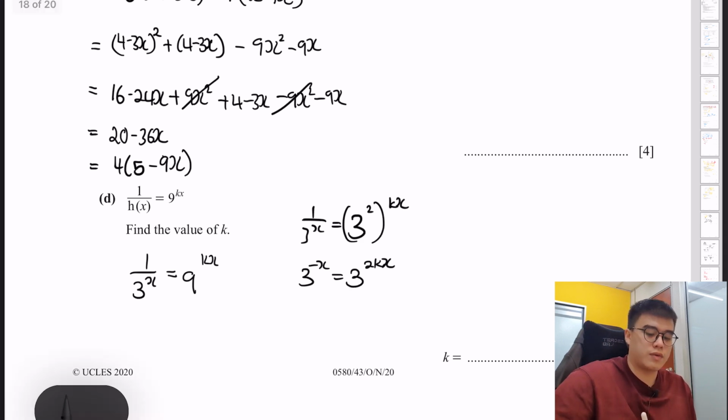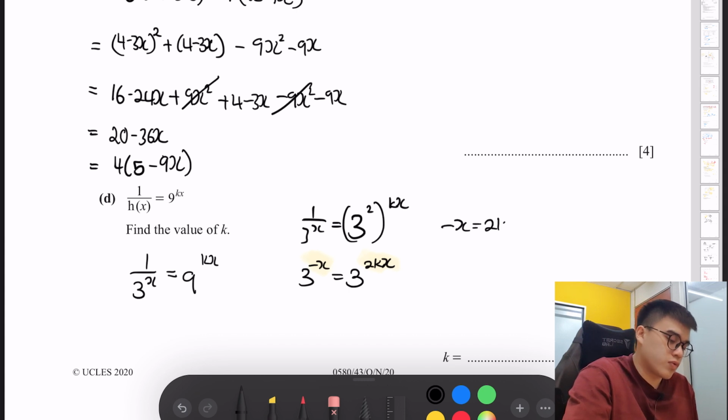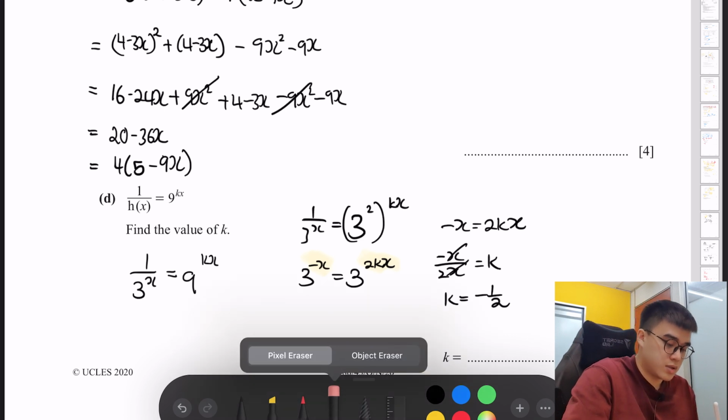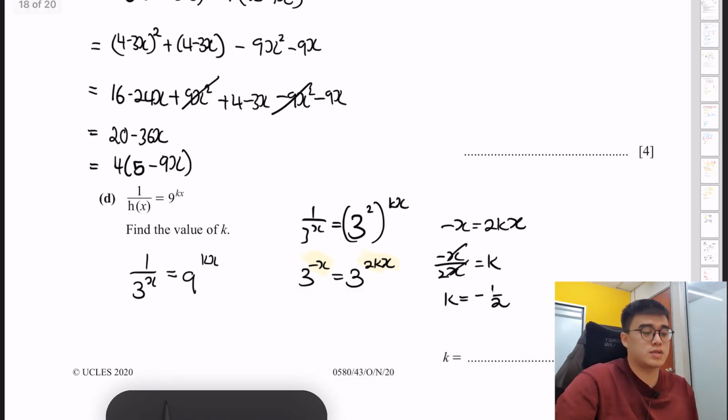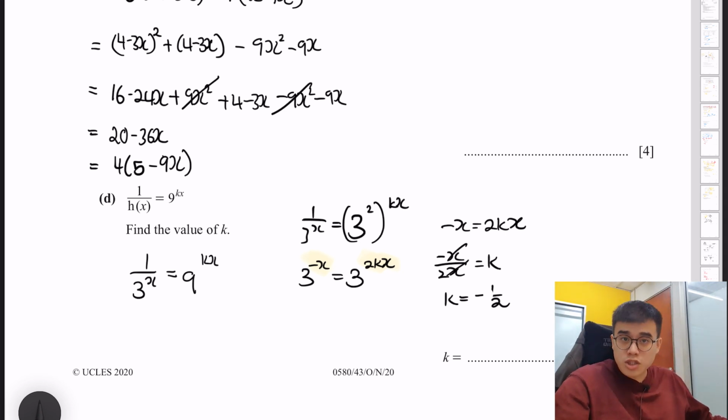After multiplying everything together, I have a task which is to compare these two together. So negative x equals 2kx. They wanted us to find k, which means I'm getting rid of the x over here. So k will be negative 1 over 2 as your final answer. So that's pretty much it for section D's calculation.